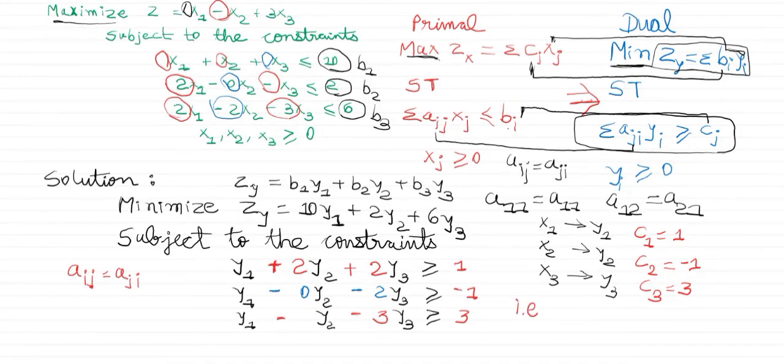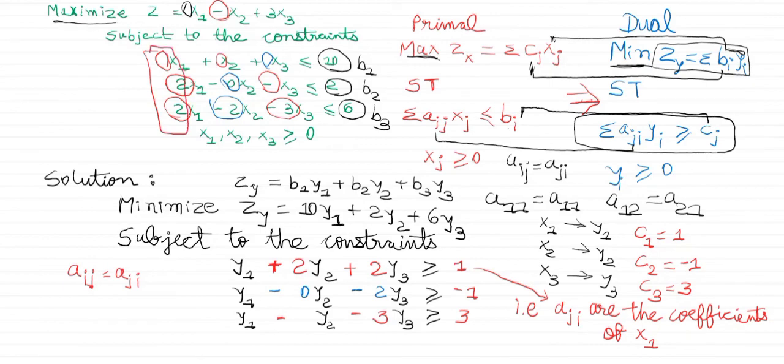So these are our constants. And from this we can write that our Aji are the coefficients of x1. This is for the first equation. Same way for the second constant, Aji will be the coefficients of x2.